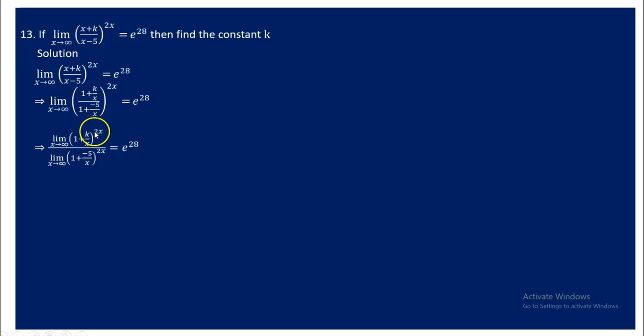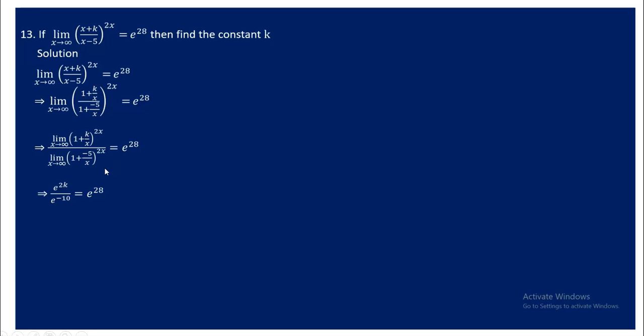Since you are having 2 here, it's going to be e to the power of 2c, students. Now your c is k, so e to the power of 2k is going to come, right? And here, your c is minus 5, so this turns out to be e to the power of minus 5, but additionally you do have 2, so it's e to the power of minus 5 times 2, which is e to the power of minus 10, yeah, students? E to the power of minus 10.